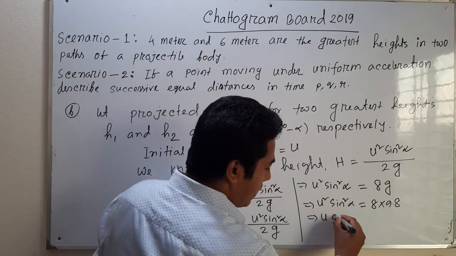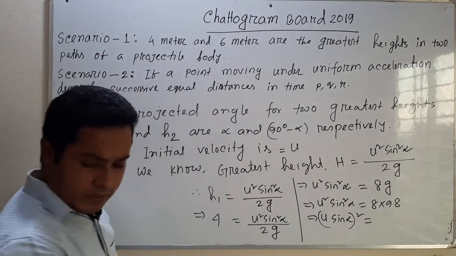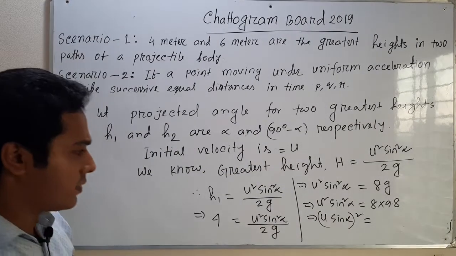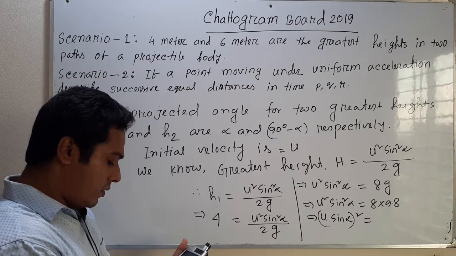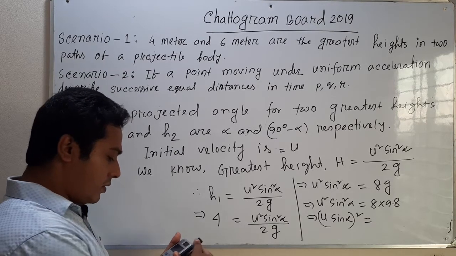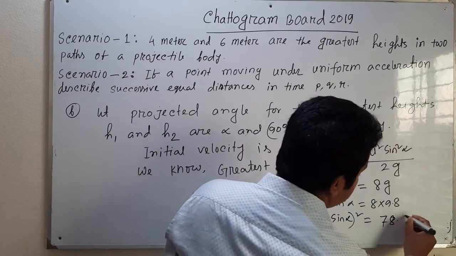So (u sin alpha) whole square is equal to 8 into 9.8, which is 78.4.